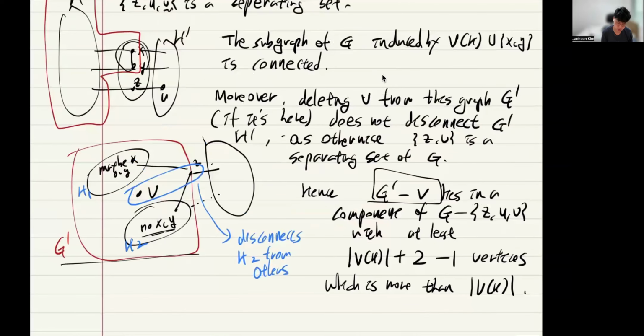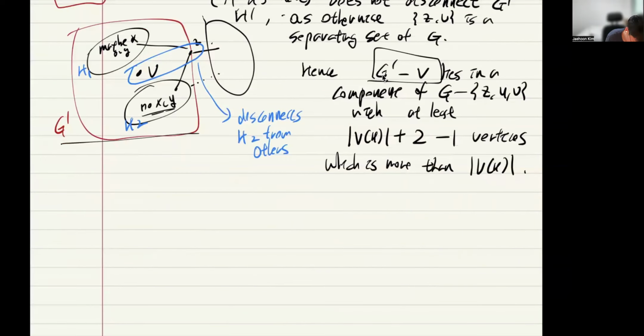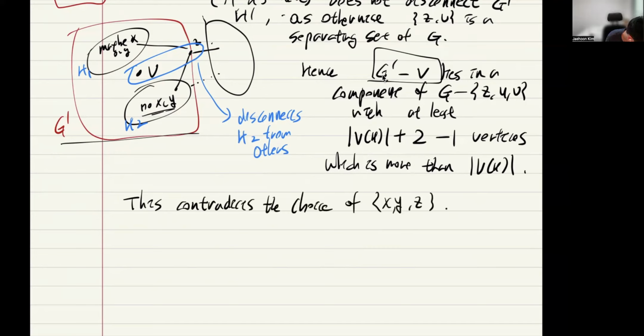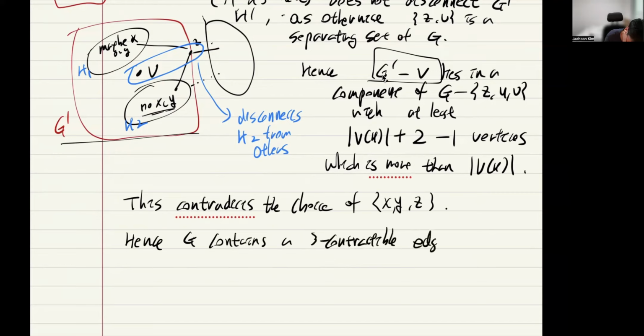But here, now we found this B, so another edge whose deletion of the corresponding vertex set of type 3 leaves the component G prime minus B, which is bigger than H. This contradicts the choice of X, Y, H. This is a contradiction as G contains no 3-contractible edges. And this proves what we want.